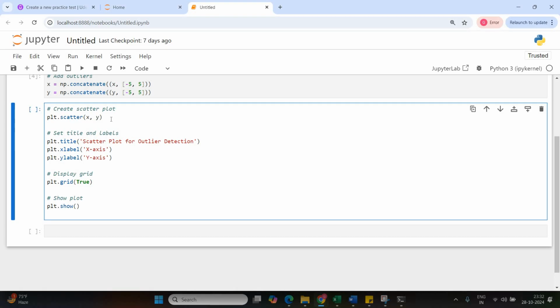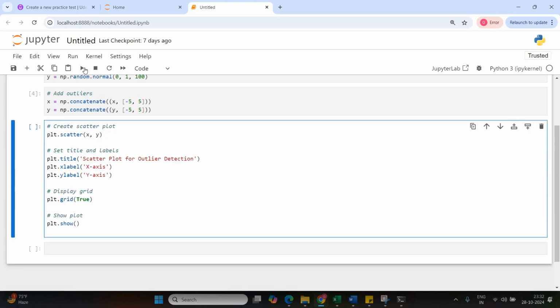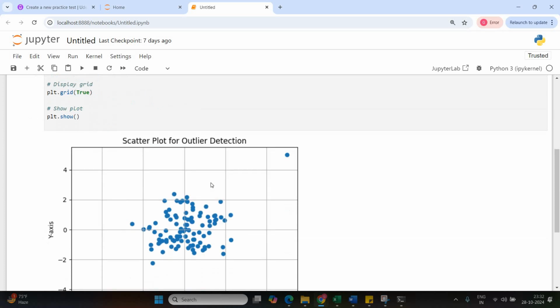We will just see how it looks, and then we are setting the title and the labels, X-axis, Y-axis, just random axis names, because we are not going to give any name here. We don't have the real data. It's just data to demonstrate to you. Then we are going to display the grid, and then we are going to plot it. So it will just show you how it looks like. Don't worry. So let me run it.